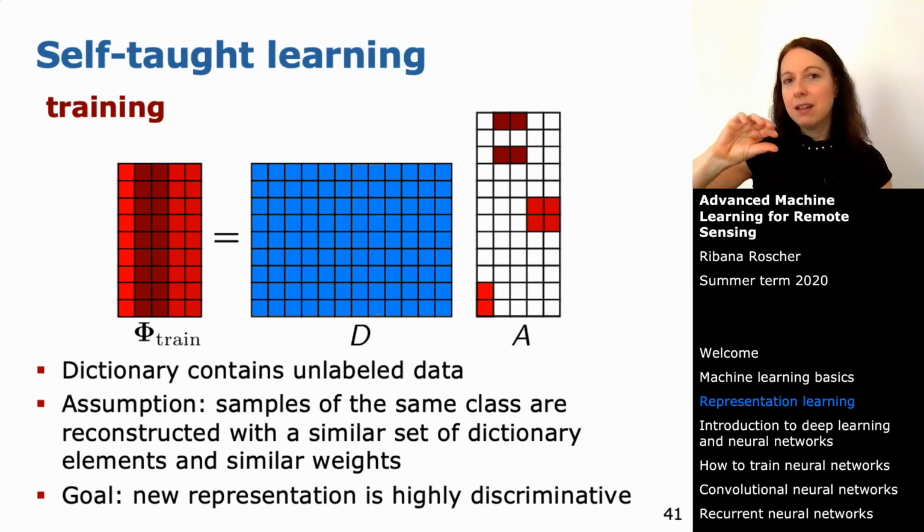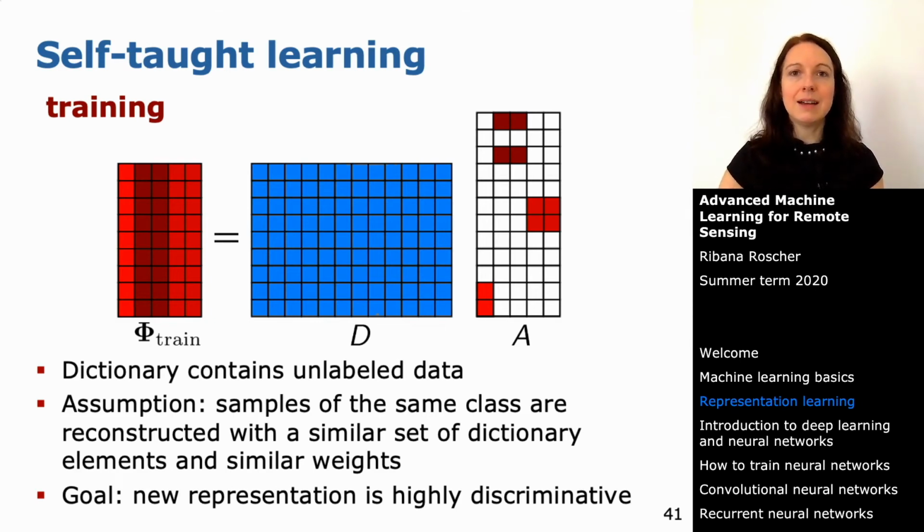That means activations for one class are distinct. You can see it illustrated here with different red values, where one red value belongs to one class, and you want different activations for specific classes. And of course you want it to be more discriminative than the original data representation.